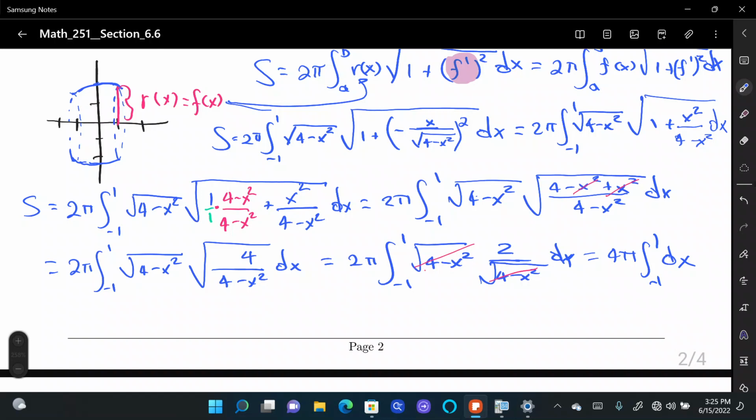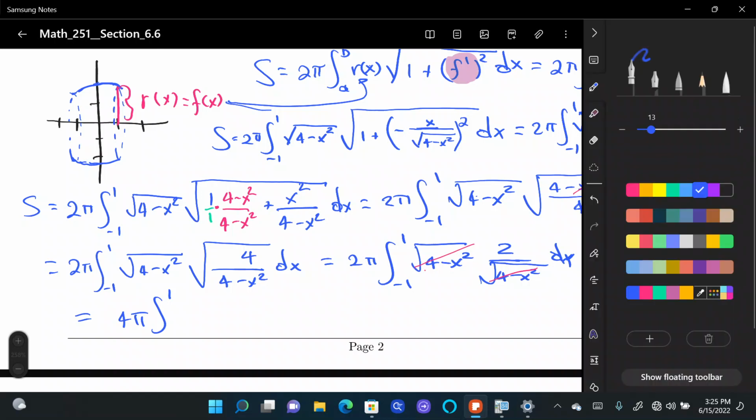It's perfectly symmetric about the y-axis, so we change the limits to make our work a lot easier. So this will be 4 pi times the integral from 0 to 1, but multiplied by 2.